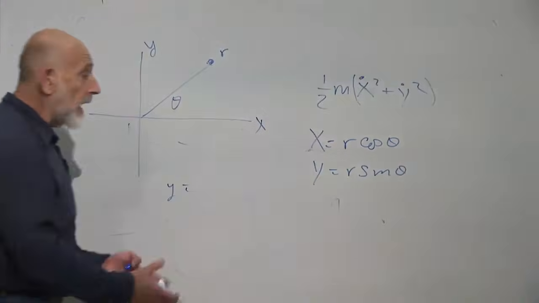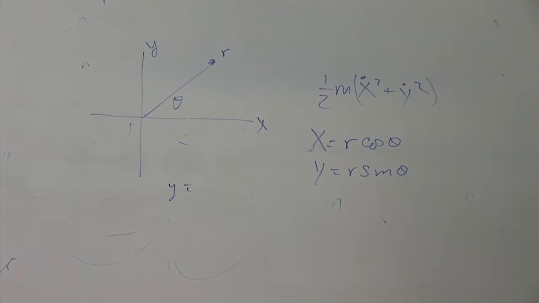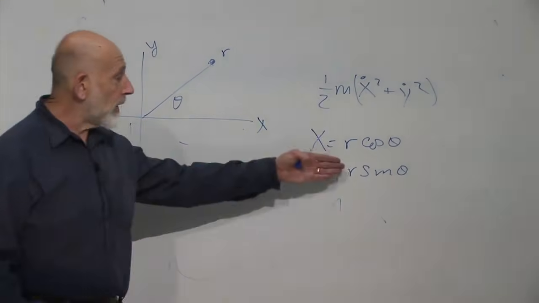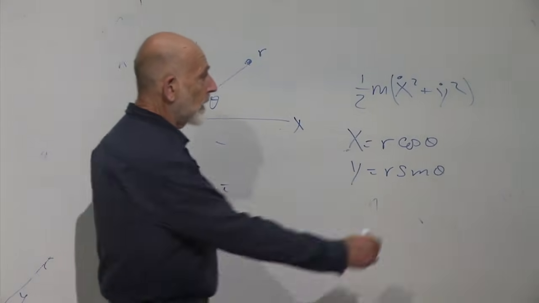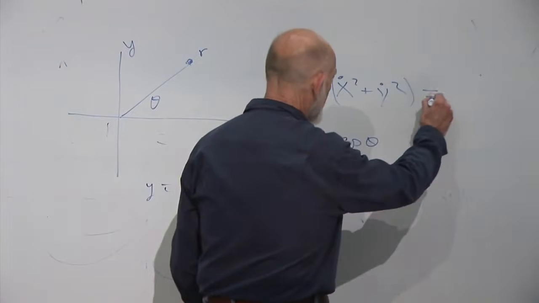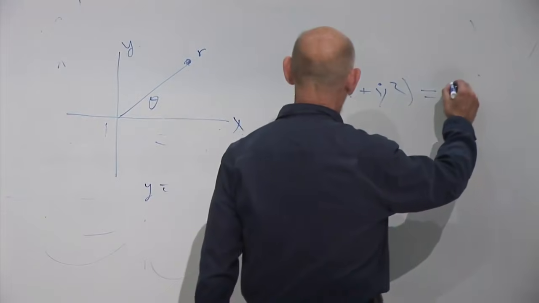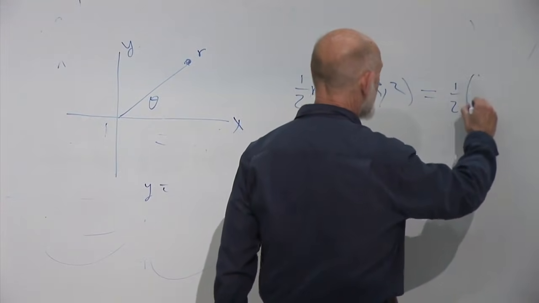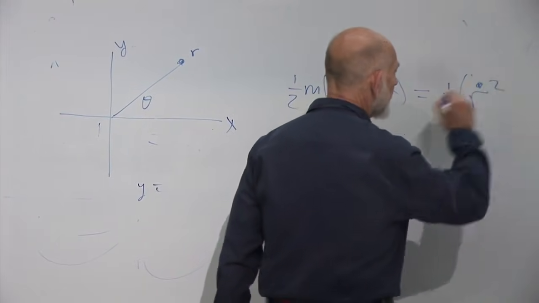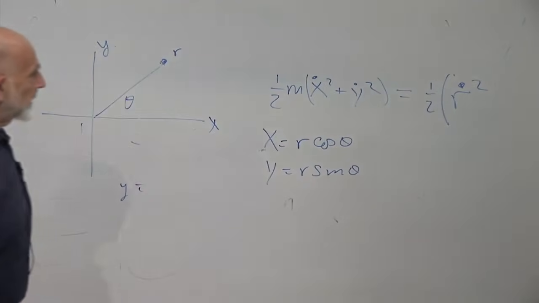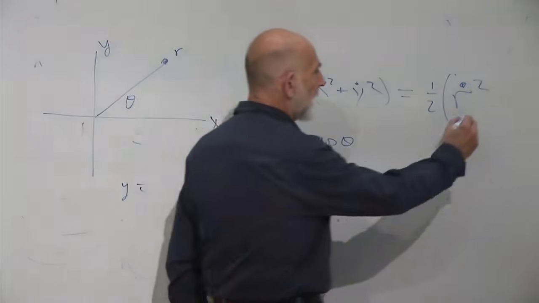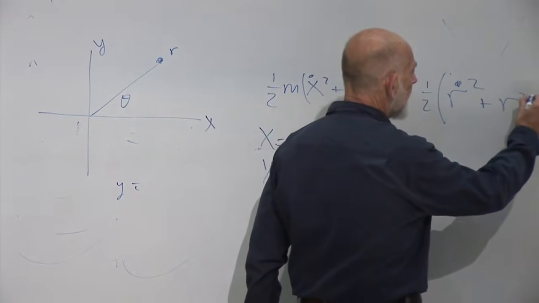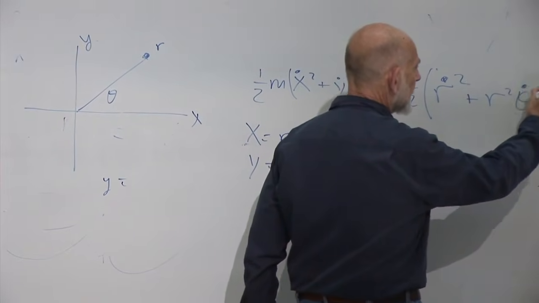We can take the time derivative of x, the time derivative of y, square them, and add them together. What do we get? I'll tell you what it is. It's 1/2 m times r dot squared. That's the term coming from r. And then there's a term coming from theta, and it happens to be plus r squared theta dot squared.